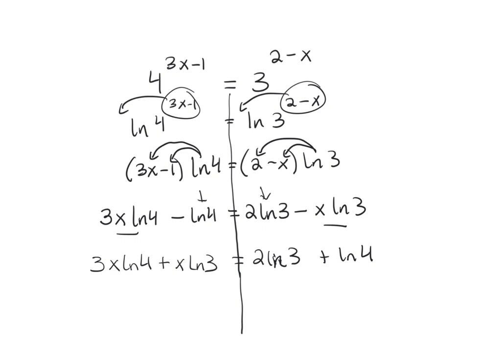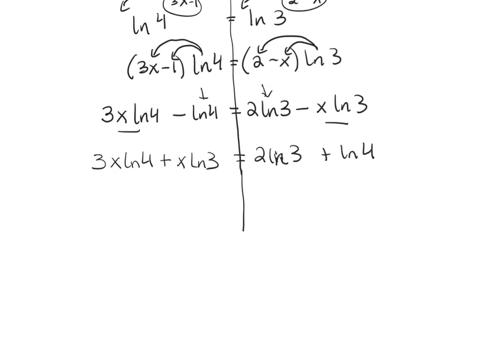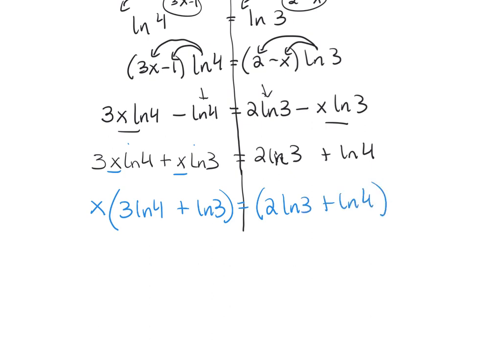Okay, so now, because all of my x's are on the same side, these two terms both have an x, so I will factor an x out in front. And when you factor an x out in front, we still have 3 natural log 4 plus natural log 3 equals 2 natural log 3 plus natural log 4.